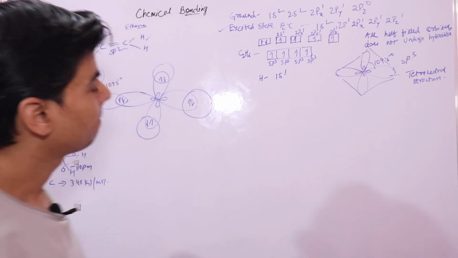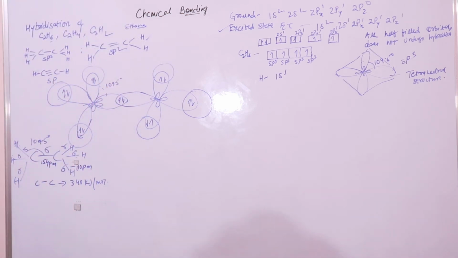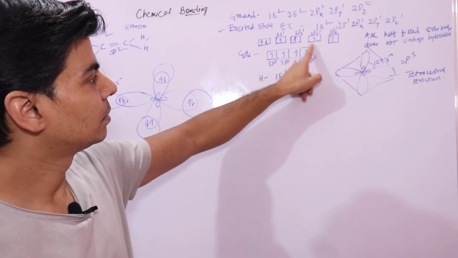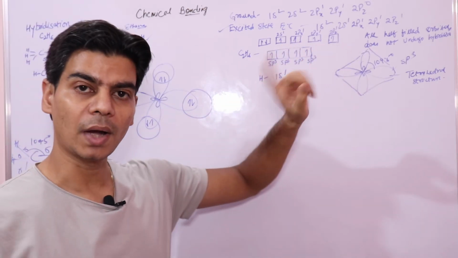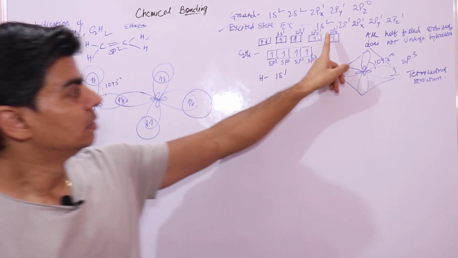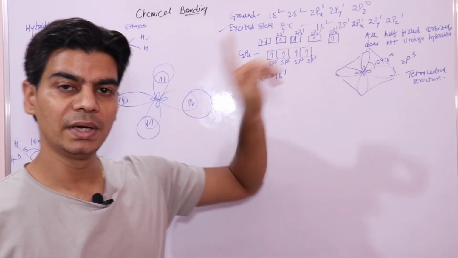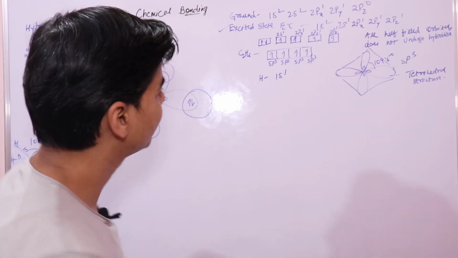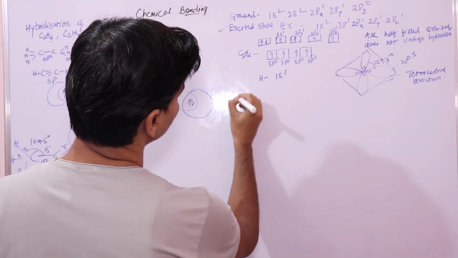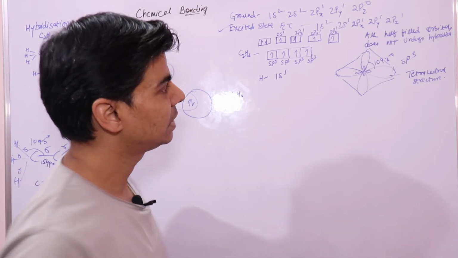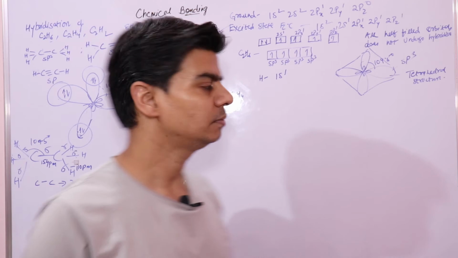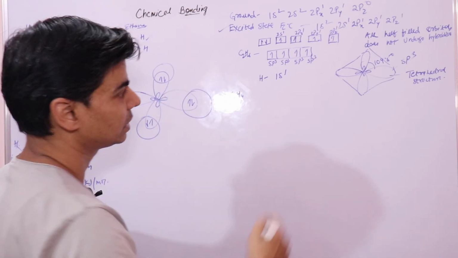In this case, only 1s and 2p orbital will undergo hybridization, right. This 2pz orbital will remain as it is, that is, it will remain unhybridized, right. So in case of C2H4, like I said, that all the half filled orbitals does not undergo hybridization, right. So this is a perfect example of this.